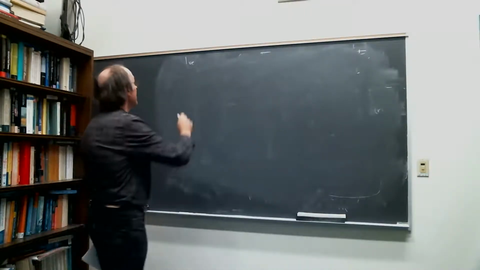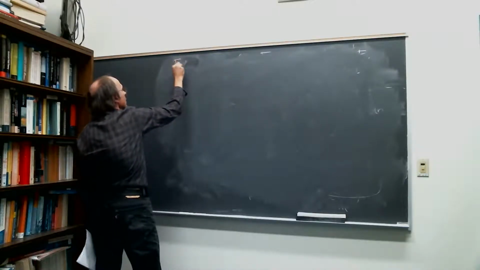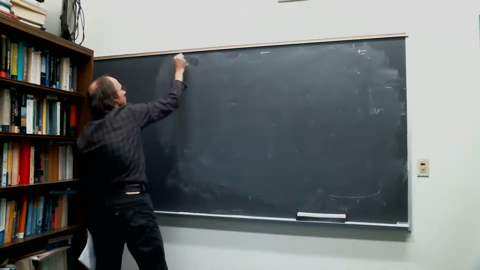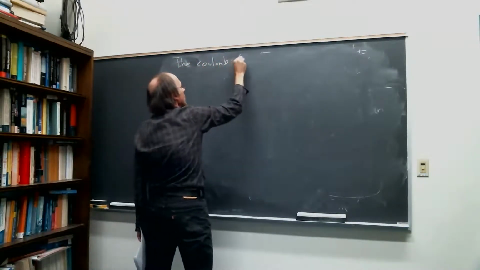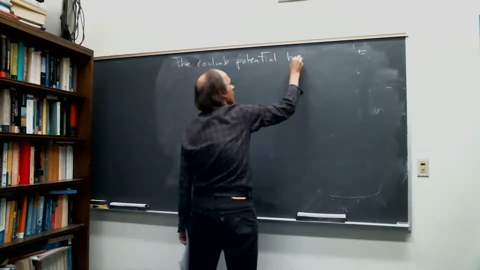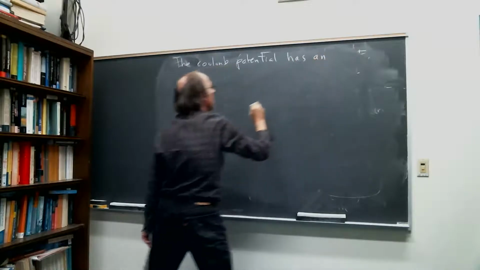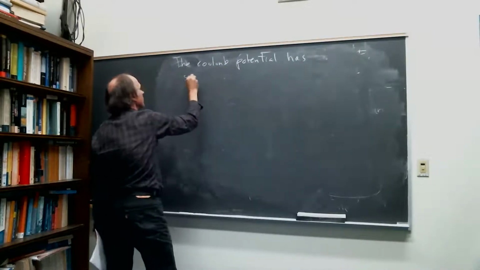The idea here is that the Coulomb potential has an additional, well, SO3 symmetry.